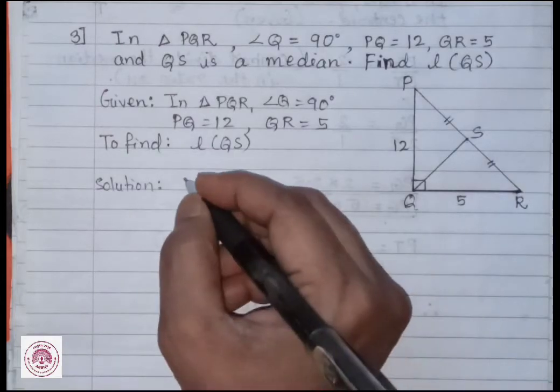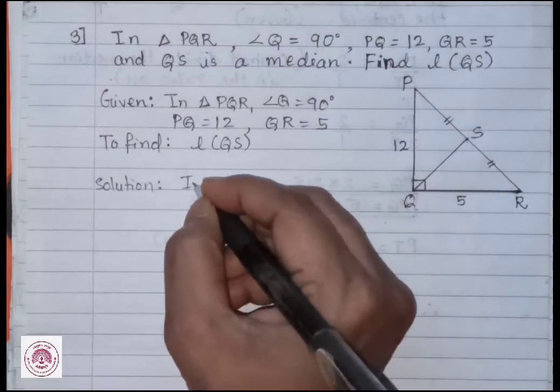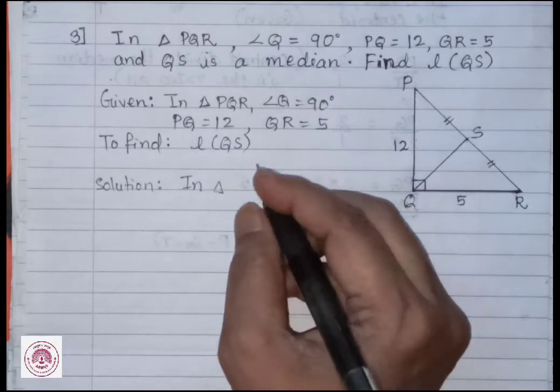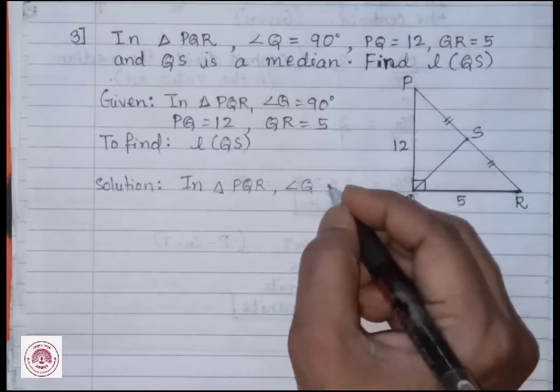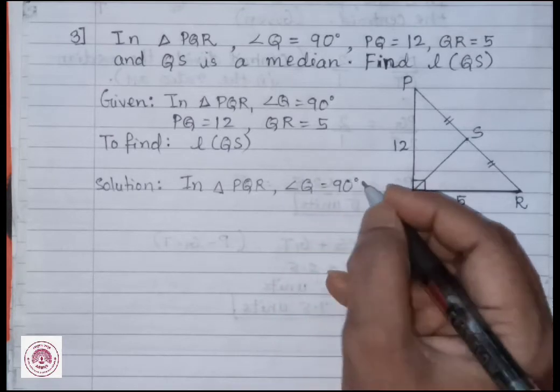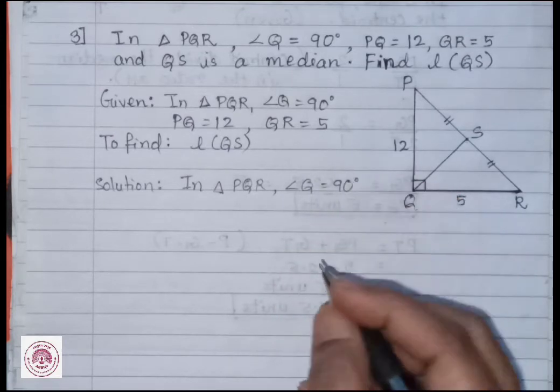So now let's begin with the solution. In triangle PQR, angle Q equals 90 degrees, so we can apply the Pythagoras theorem.